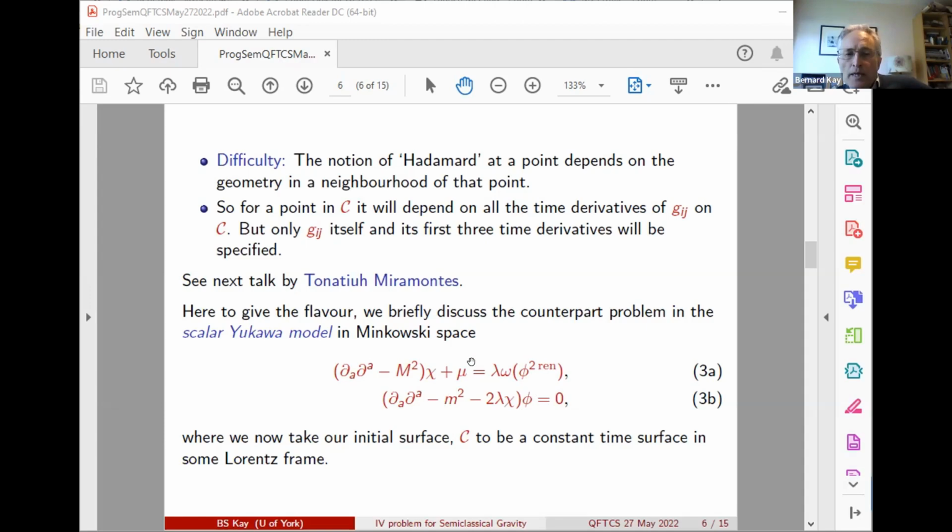Don't worry about this mu here, that's just a renormalization constant that's needed to make this theory renormalizable.